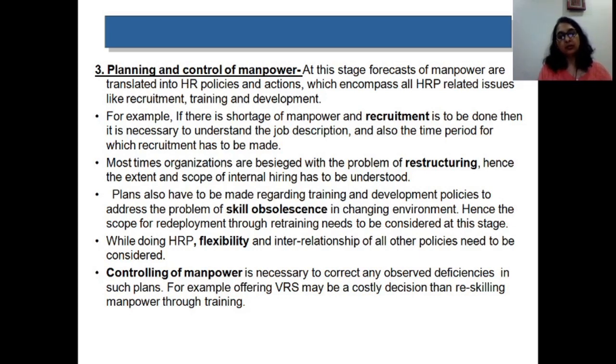Maybe the VRS, that is the voluntary retirement scheme, is proving to be more costly than reskilling of manpower through training. Or let's say that if the organization pays overtime to its employees, it works out much cheaper than hiring a new person. So all these plans have to be undertaken at this stage.